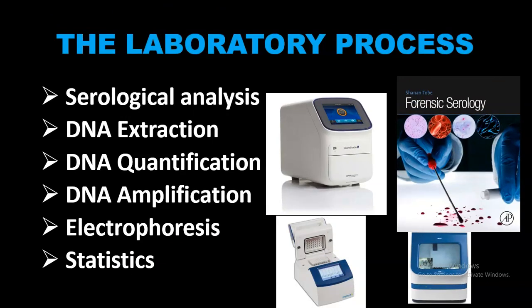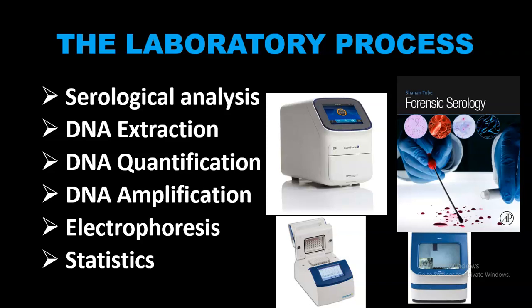So, the various scientific or laboratory processes that were involved in this whole analysis. First one was serological analysis, and serology is the analysis of body fluids in a forensic context.